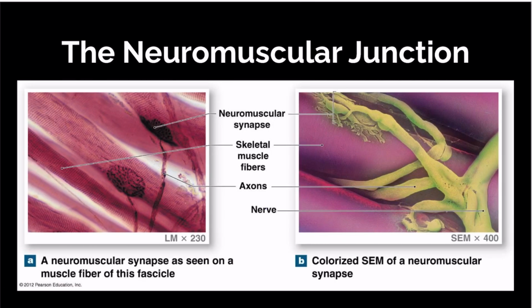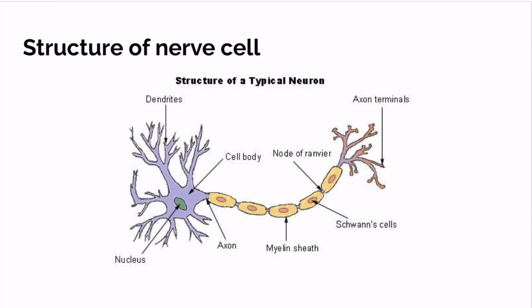So we're going to look closer at where the muscle meets the neuron, because we said that skeletal muscle is neurogenic. Quick introduction of a typical neuron. You don't need to know these parts for now, but all we want to know is that it sends a signal, and it sends it in a one-way street.